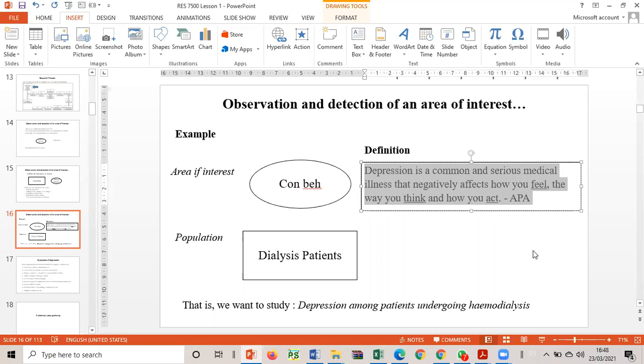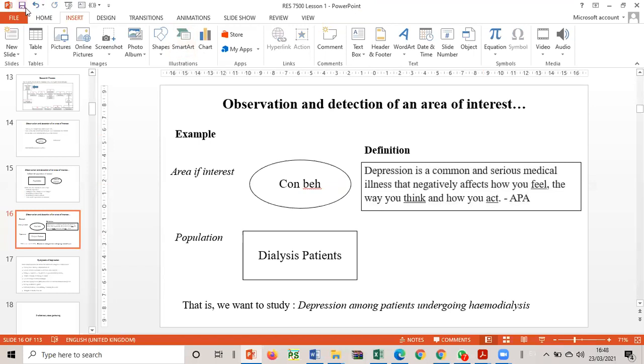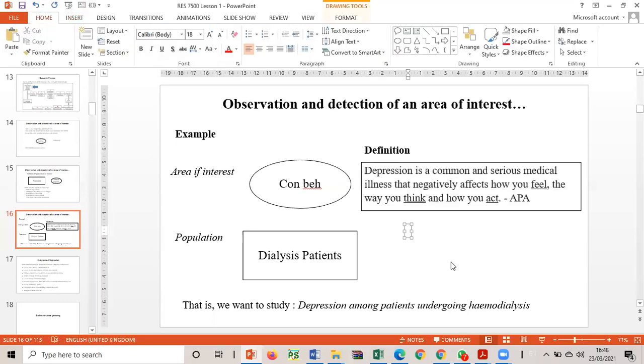The study of how individual customers, groups, or organizations select, buy, use, and dispose ideas, goods, and services to satisfy their needs and wants. Okay, let's say it again.